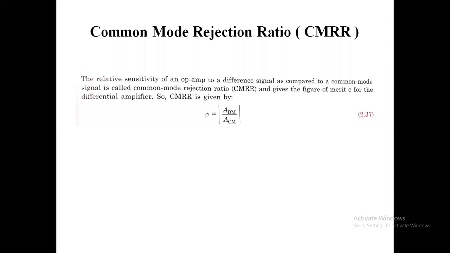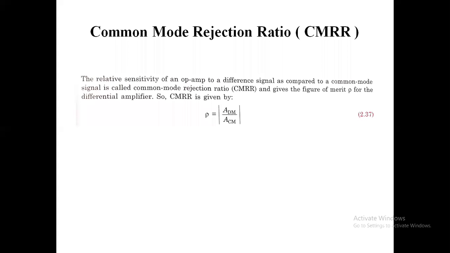Many disturbances and noise signals will appear if both input signals are the same. If we give two same input signals to a device, there will be a disturbance, a noise, due to that common input signal. That common signal has to be rejected by the differential amplifier.